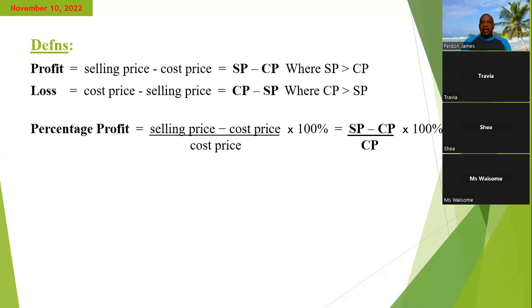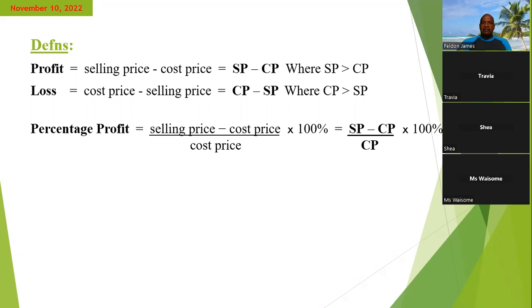Now, there are times that we are asked to calculate our profit as a percentage of our costs. Remember now, the profit would have been the difference between your selling price and your cost price when your selling price is greater than your cost price.